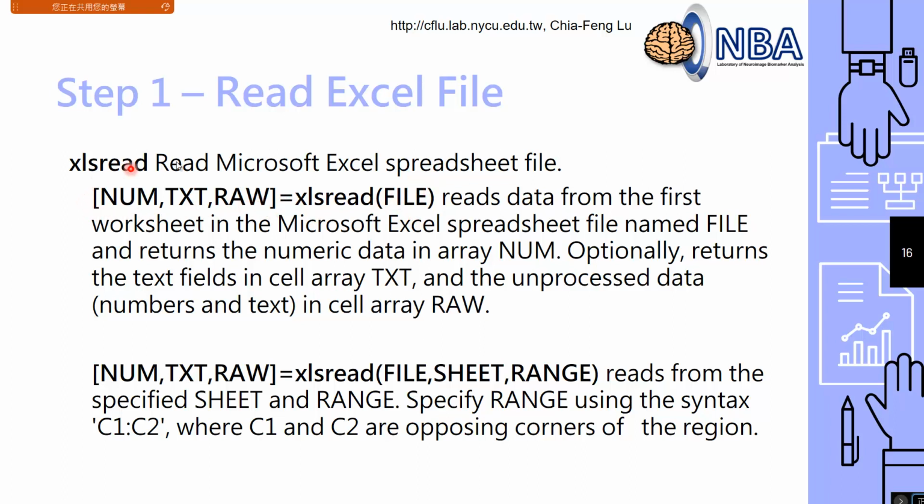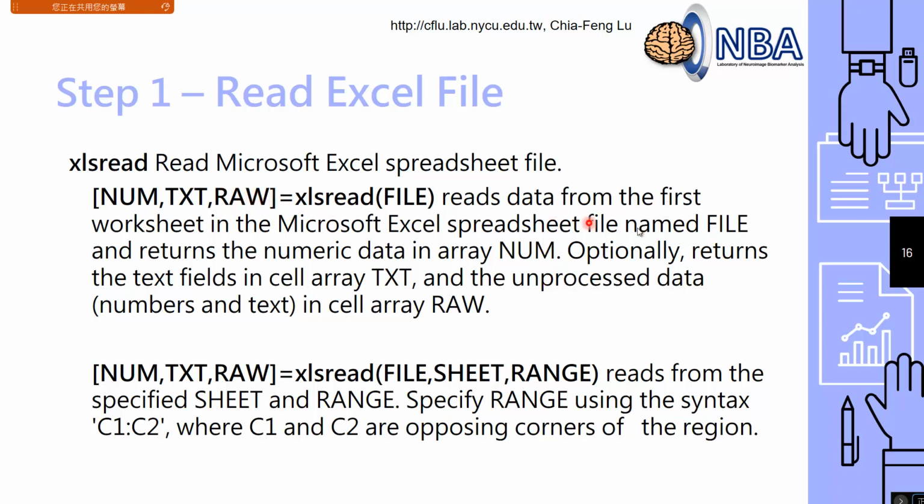And you can see the output on the left-hand side. You can get three output variables. The first one is actually the abbreviation of number, the second is the abbreviation for text, and the third is the abbreviation of raw. Raw means the original data set without any changes.